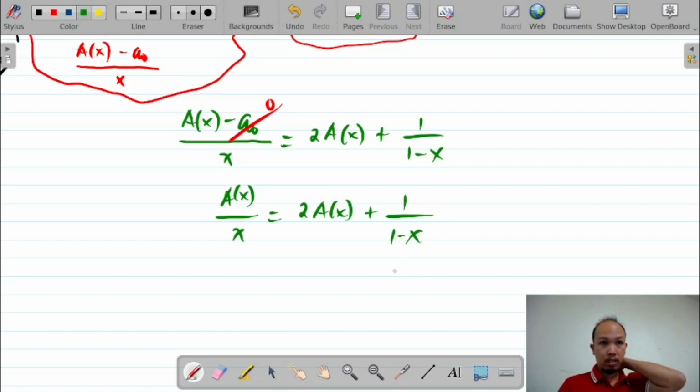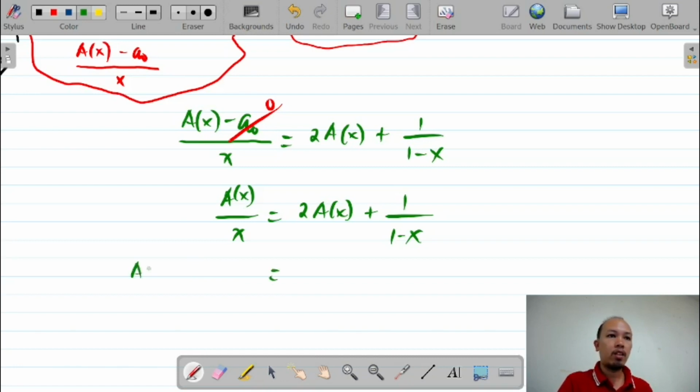Okay, so how do we simplify this? Let's move a of x to the left hand side, and all the variables to the other side, to the right hand side. So let's move it this way.